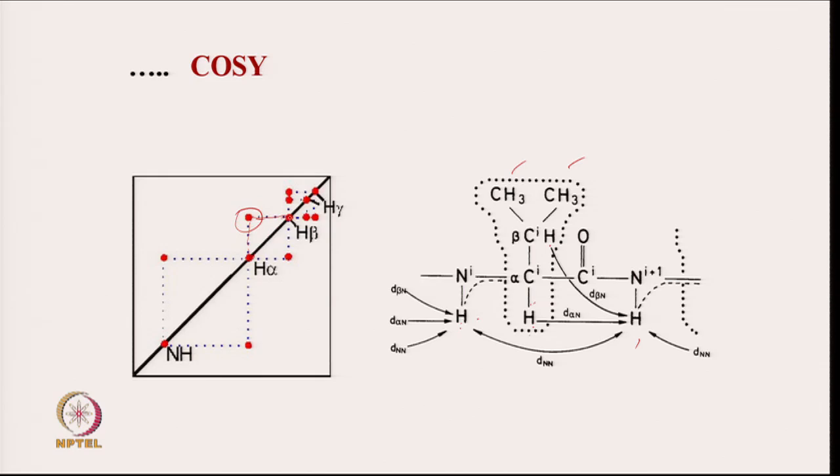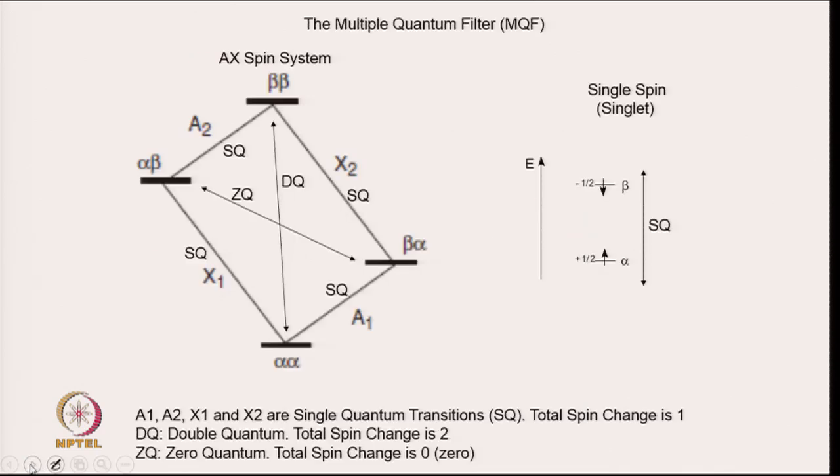It means these 2 peaks are correlated. So, H alpha and H beta protons are correlated, and then H beta is correlated to 2 gamma, 2 different gamma, and that is your CH3 groups. So, correlation between different protons can be seen through COSY.